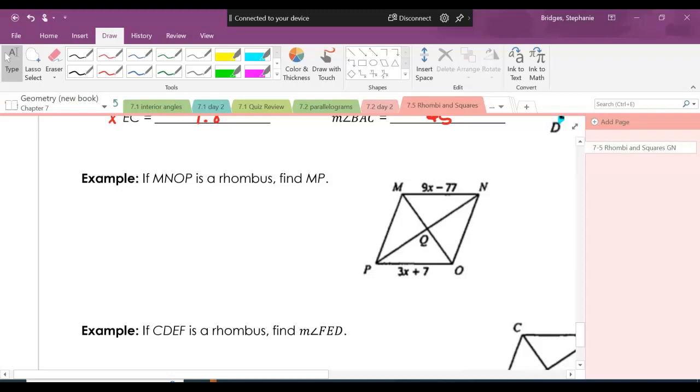Did you finish it? What do you know about the sides of the rhombus? They're all the same. So set those two sides equal to each other, and then solve for X.